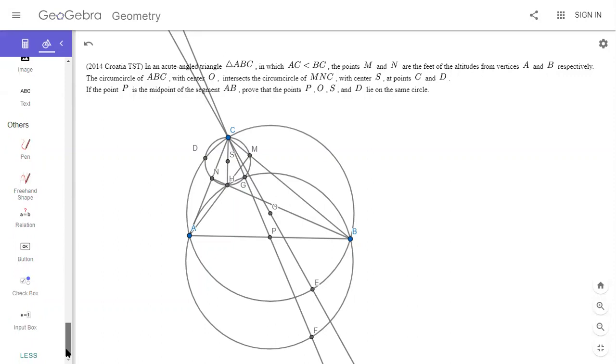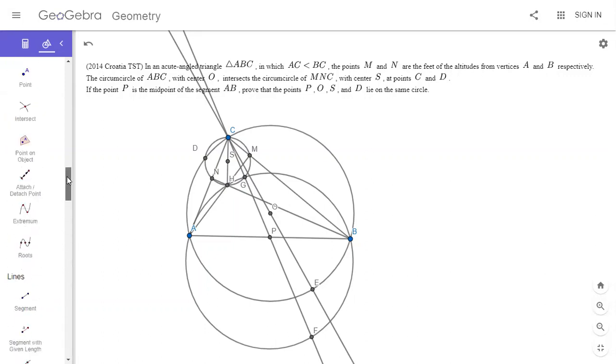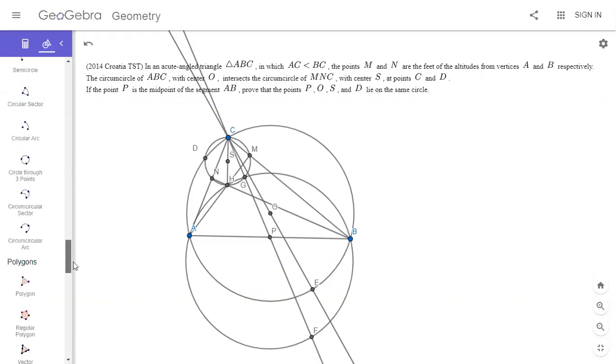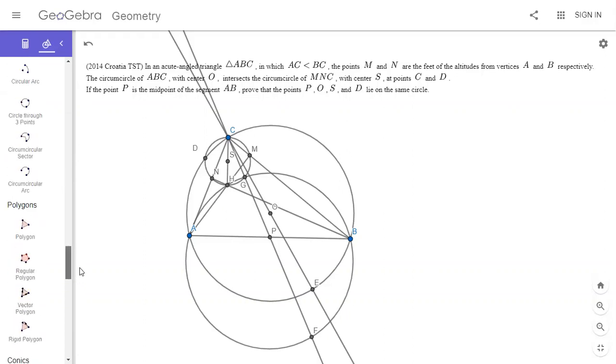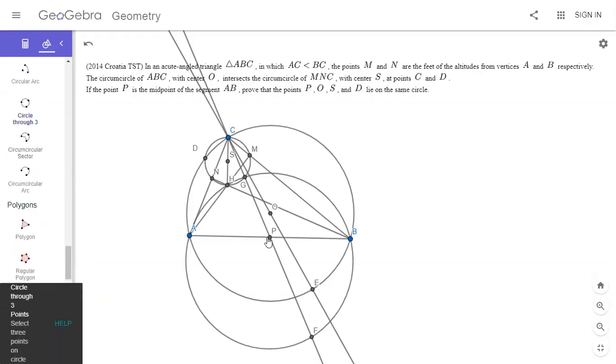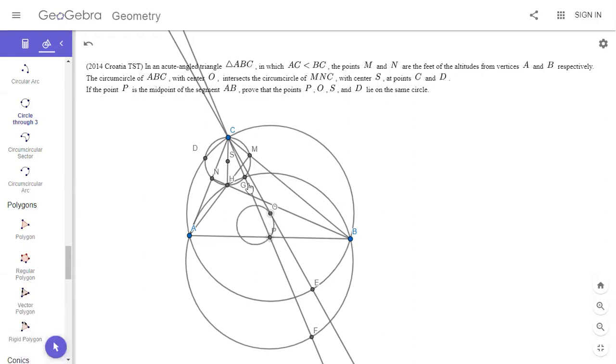Draw POSD. Maybe it passes through G. Could be. Hold on just a sec. Let me just tinker with my idea.